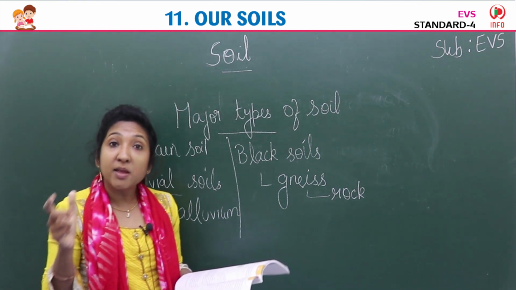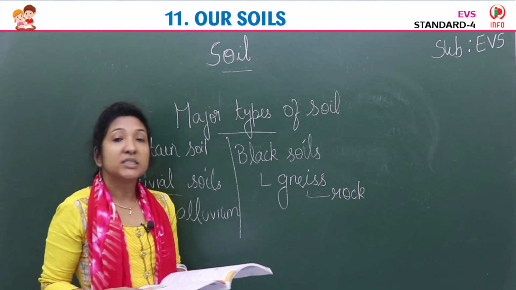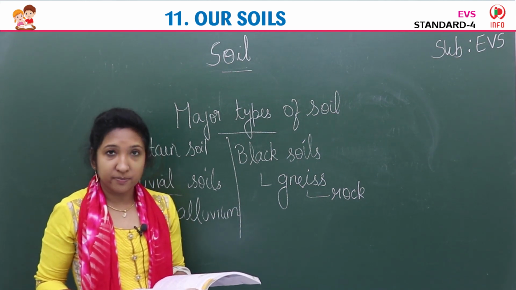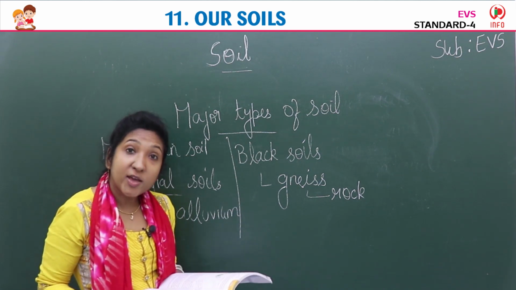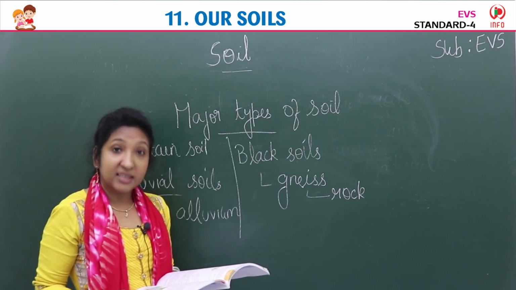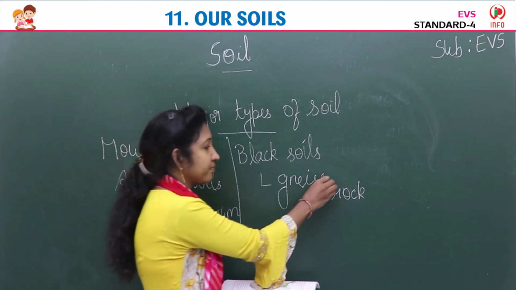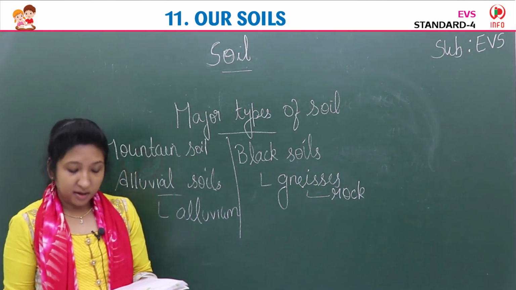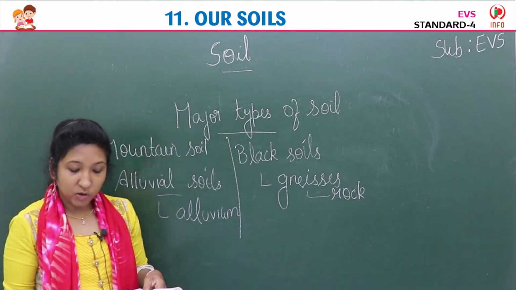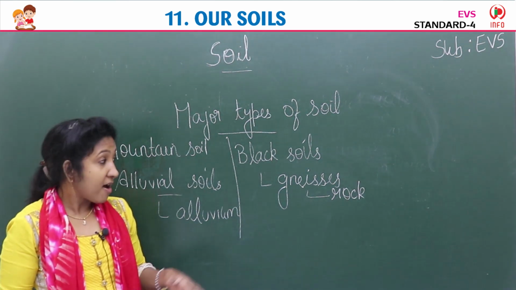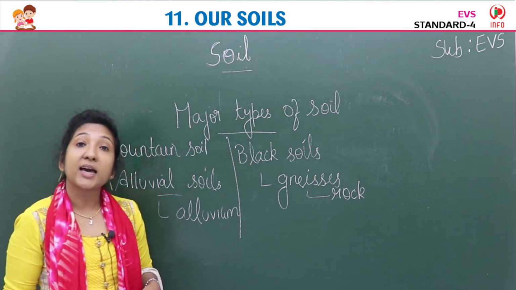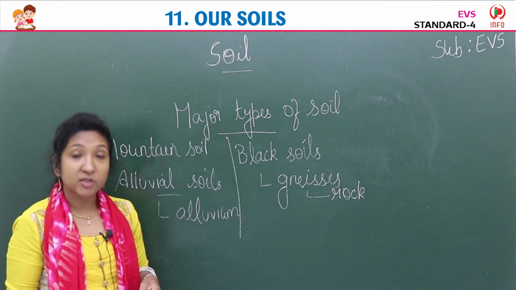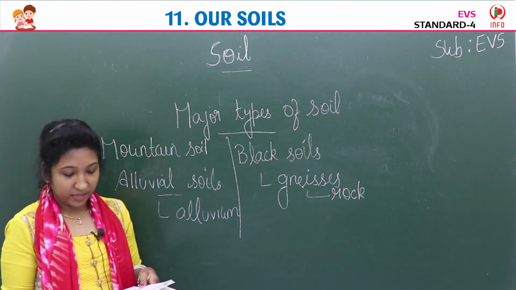Then in some ornaments also we use this type of rock. So black soils have also developed on gneisses of North Karnataka and north and west of Andhra Pradesh.